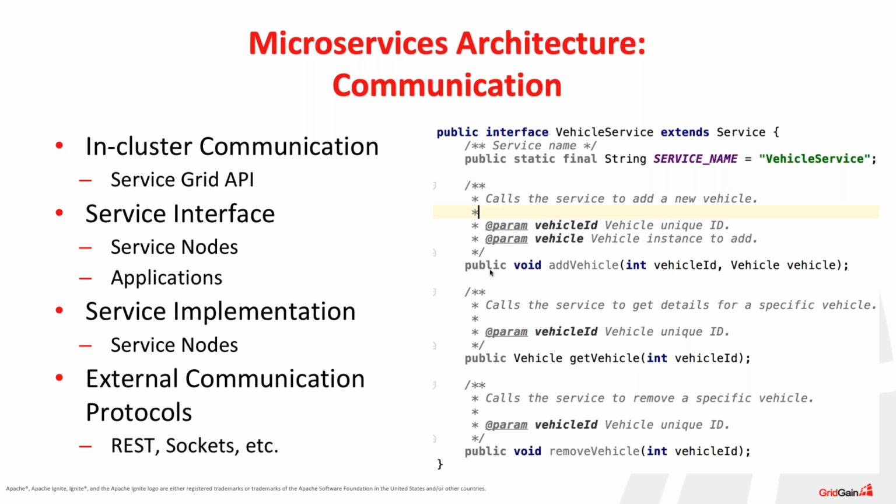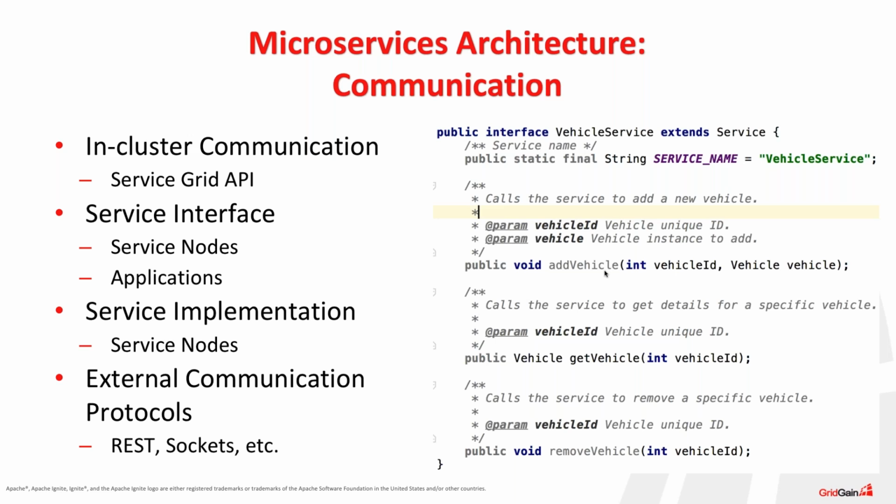The first one is to use so-called in-cluster communication by relying on the Service Grid API. In-cluster communication means that for every service, like the vehicle service, you need to define your interface, which extends the standard Service Grid service interface, and to that interface you add additional methods that are supported by your service.